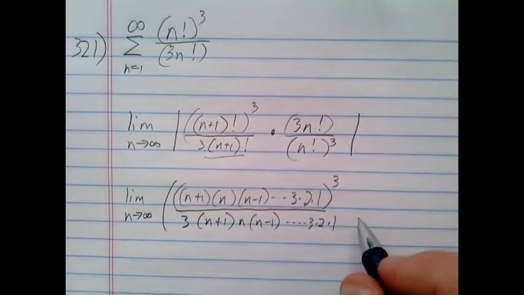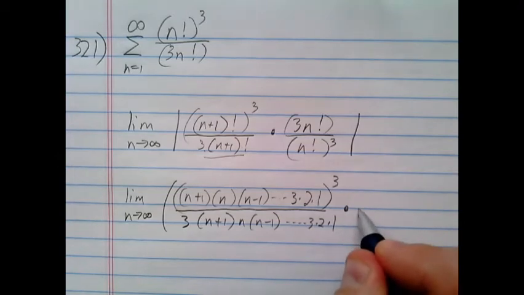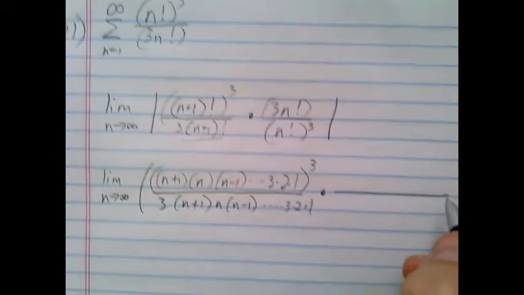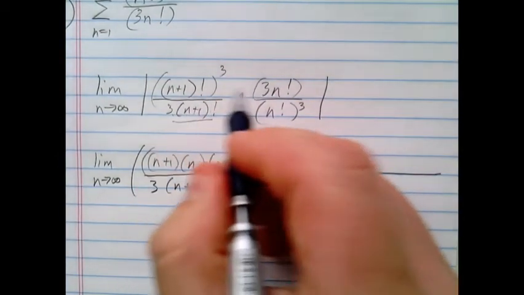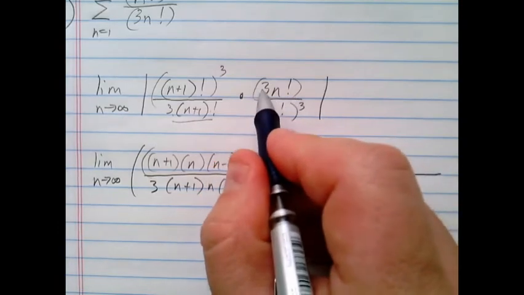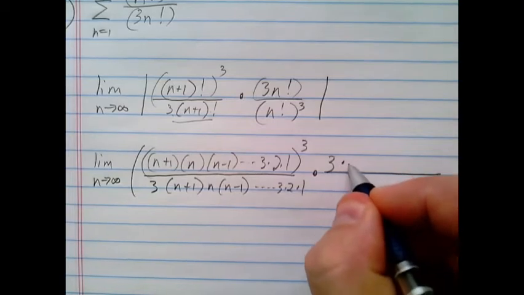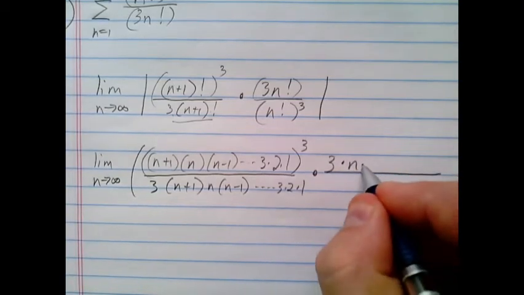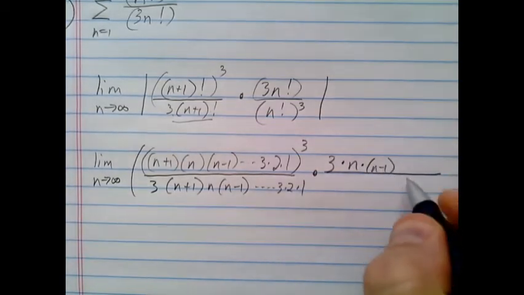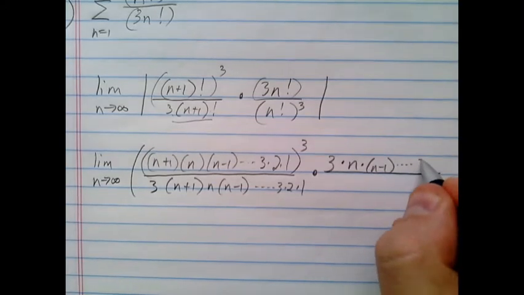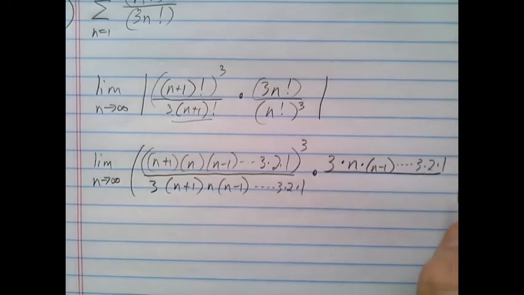Okay, there's my first fraction. Second fraction. So again, factorial comes before multiplication, so I just have a 3 and then the n factorial. n times n minus 1 all the way back to 3, 2, 1.